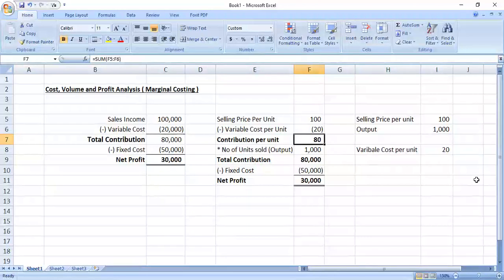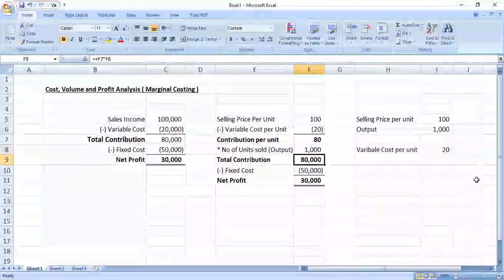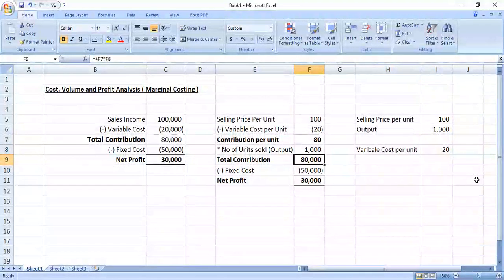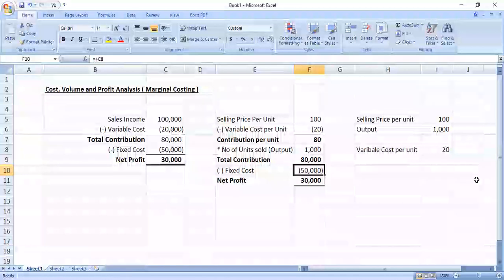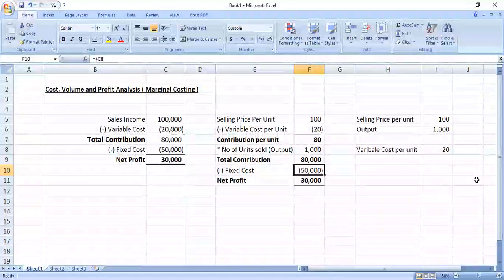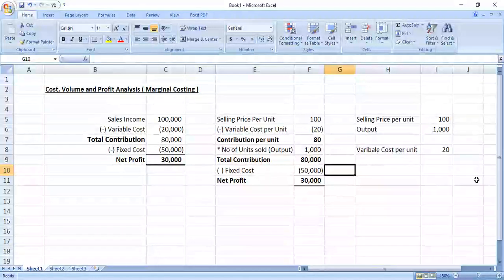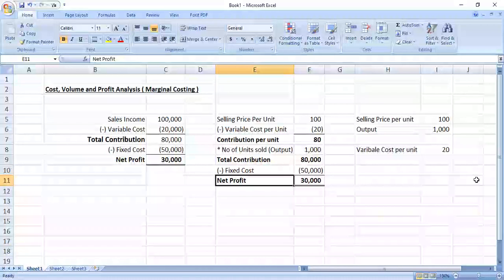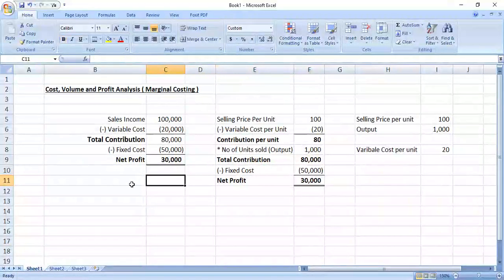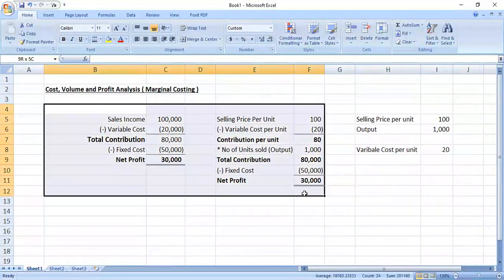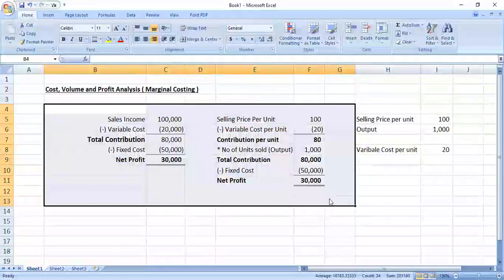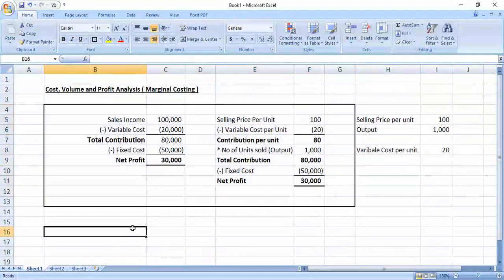Here you first calculate the contribution for one unit, and multiply by the number of units. Same thing, and from that you deduct the fixed cost. Fixed cost is the only thing remaining to deduct, because variable cost we have already deducted. So if you deduct the fixed cost you get the net profit, right? So this is the format. If you know this format, you can do the remaining things.